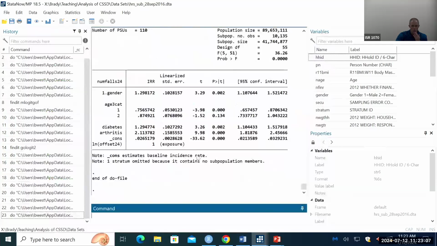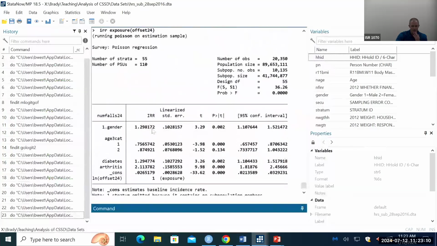Okay, so what we're seeing are these estimates of the incidence rate ratio, or IRR, just the exponentiated versions of the coefficients. So gender equal to 1 is for males, gender 2 is for females. What would be our interpretation about the monthly rate if we're comparing males to females? Remember, this is a rate ratio, the exponentiated version of that estimated coefficient.